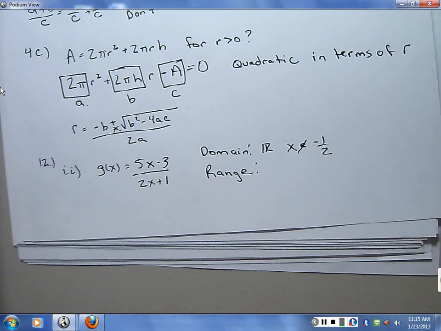It's the top coefficient over the bottom coefficient, if and only if the degrees are equal. Yeah.